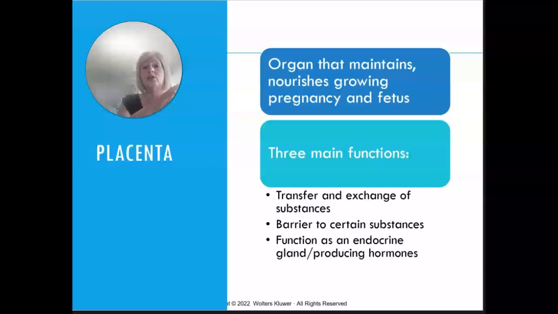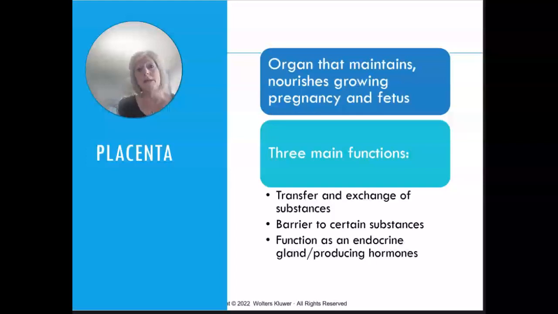All of the nutrients are going to transfer to our baby through the vein. It's going to have all of the nourishment that it needs through that umbilical vein. Part of the placenta will also act as a barrier for certain substances.